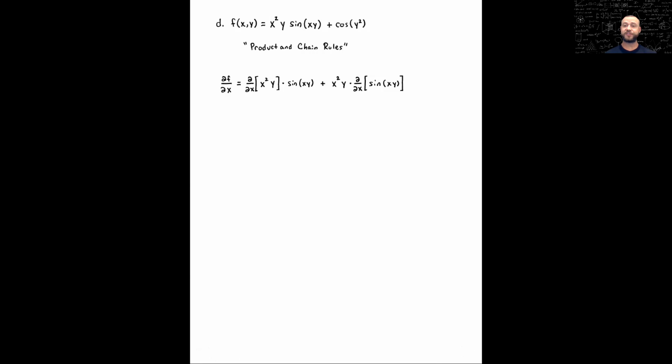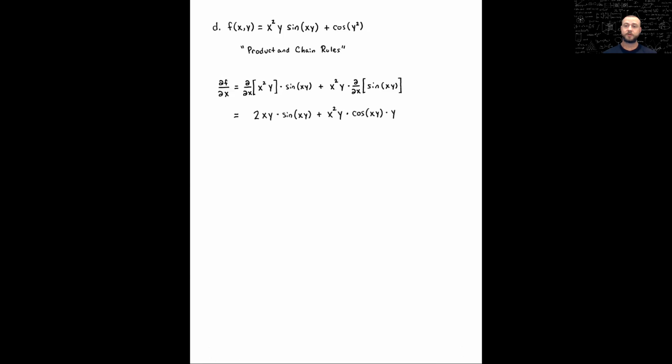Okay, before we advance, this is where we get with the product rule. Let's now calculate those remaining partial derivatives. The partial derivative of x squared y will work out to 2xy. And if we again apply the chain rule, we partially differentiate the outer function first, sine, which differentiates to cosine.